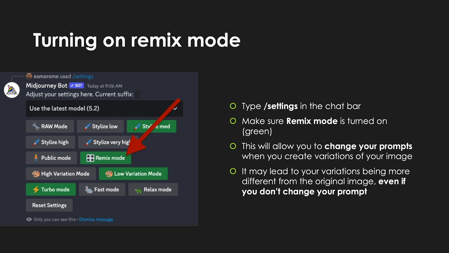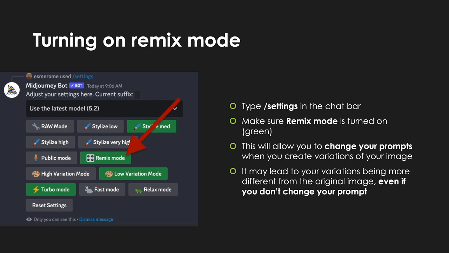The nice thing about that is you can remix it. And let's say you want the image to look more like a watercolor. If you turn remix mode on, when you click on, let's say, V1, a little window will open and it'll say, you can edit the prompt. You could say watercolor of calico cat, and then the image will look more like a watercolor, but it will still look more like the original image.